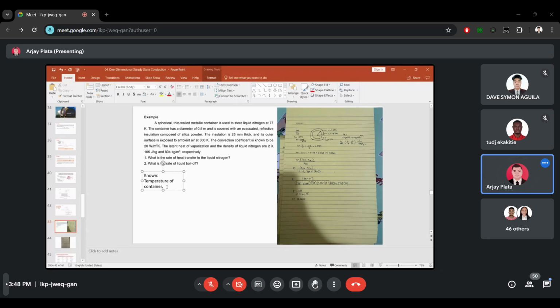Diameter. Insulation thickness. Temperature of ambient air.